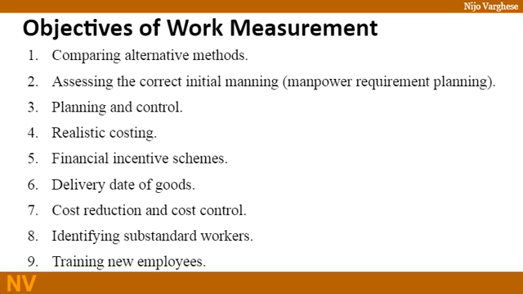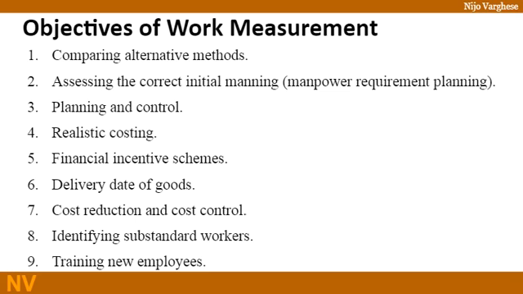If you are not doing it properly, we will not be able to exactly determine the manpower requirement. Work measurement is also needed for planning and control, realistic costing, and financial incentive schemes, as I have discussed earlier. Then, in order to determine the delivery dates of goods, we have to do proper work measurement.